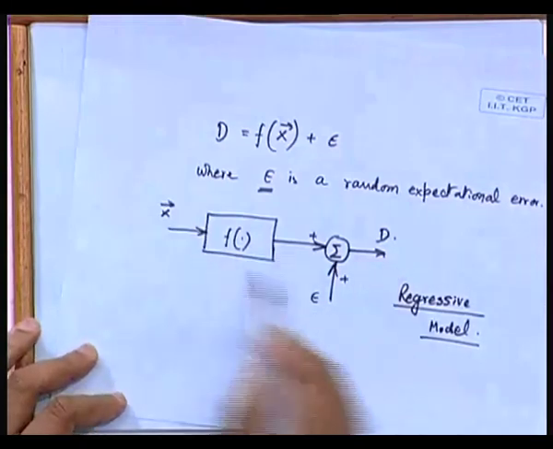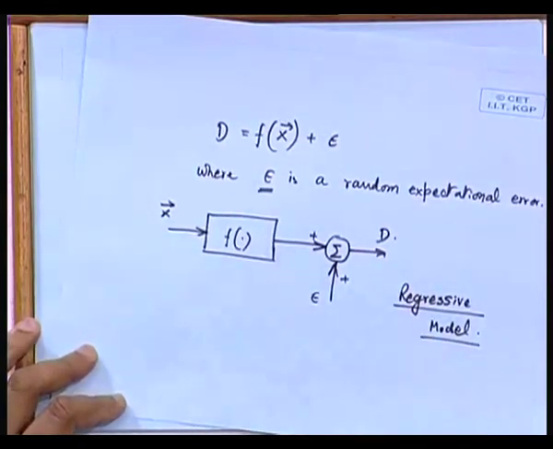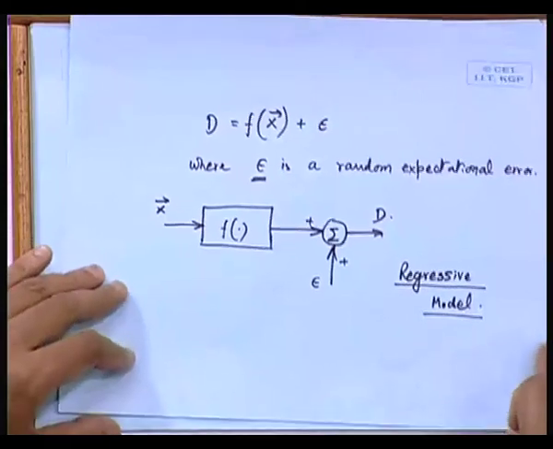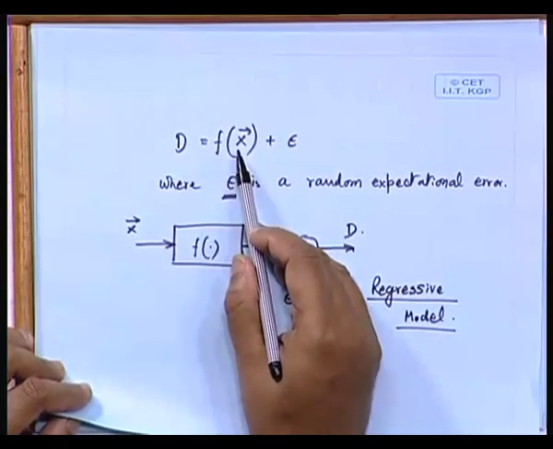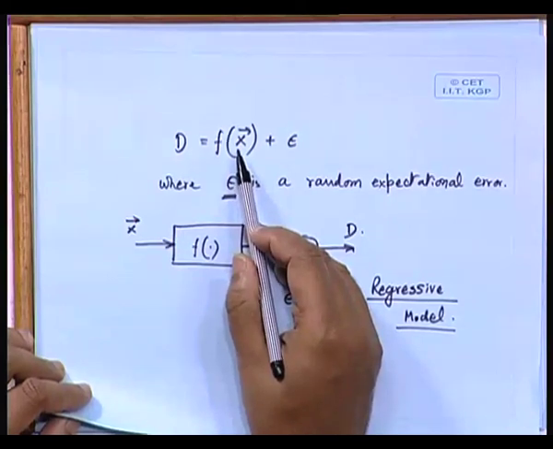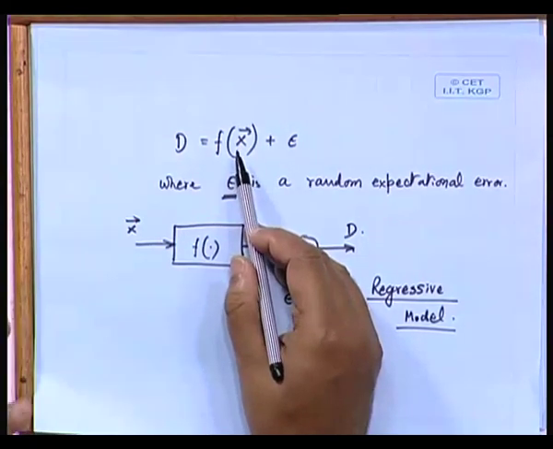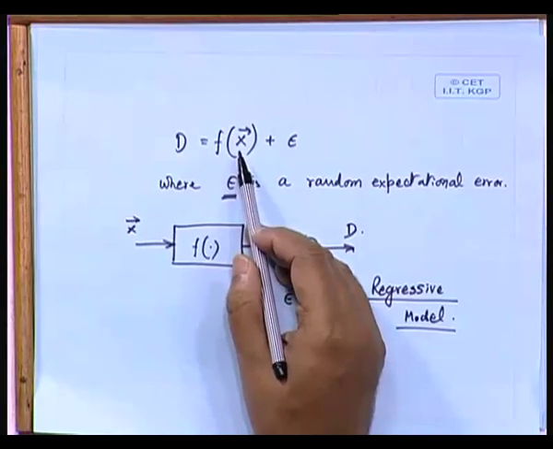Now, this is the regressive model. We are not getting this function f(x). We should have got it, or rather the exact mathematical model of this is f(x), but instead of getting that f(x), we have got a neural network to do our job.